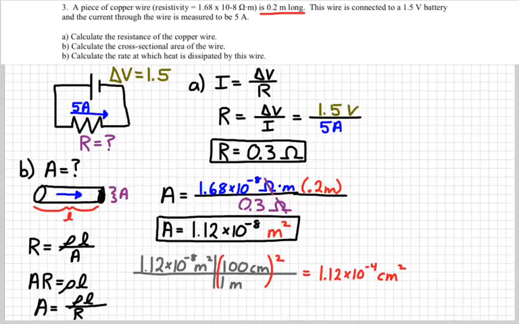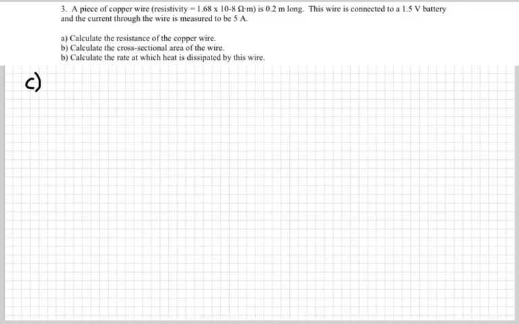It just looks kind of weird because the unit meters squared is a really, really big unit of area relative to the width of most common wires. So the last thing this question asks us to do is calculate the rate at which heat is dissipated by the wire. This term, rate at which heat is dissipated, is very commonly used.